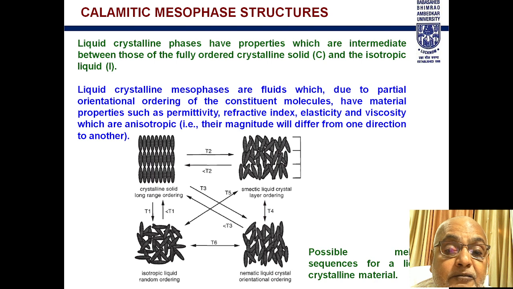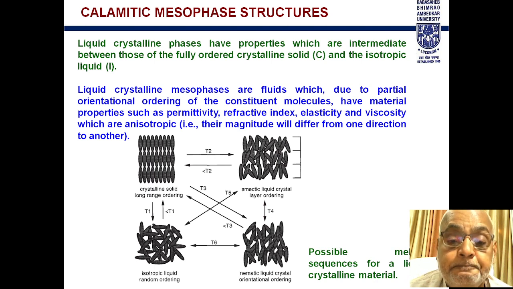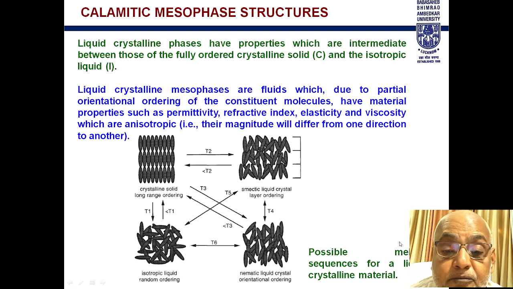That is, their magnitude will differ from one direction to another. Possible melting sequence for a liquid crystal material. This shows the melting phase diagram of the liquid crystalline material.